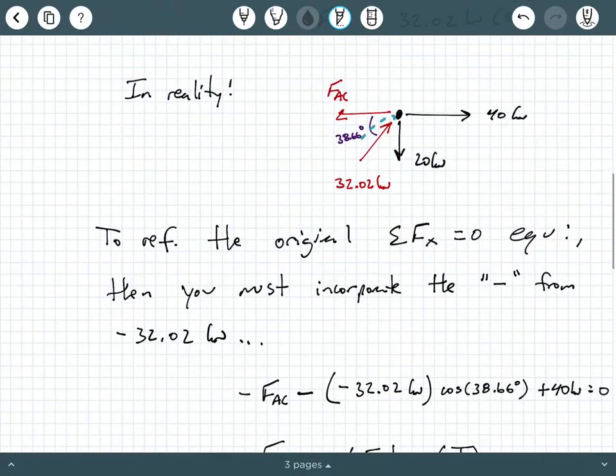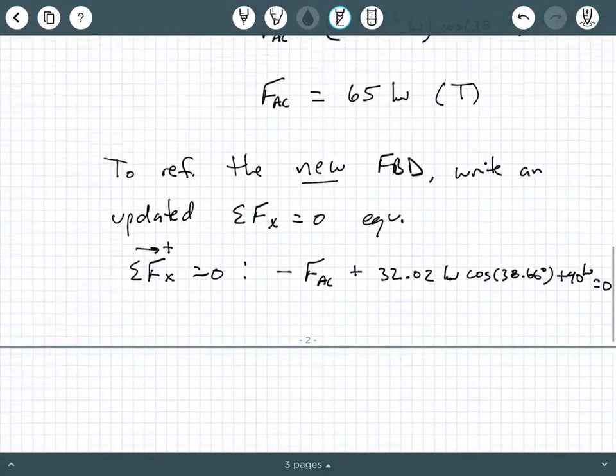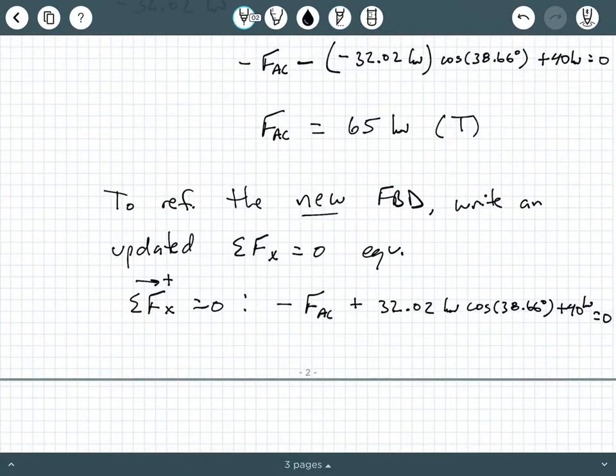Again, it's referencing the new free body diagram where 32.02 is pointing into quadrant 1. So no matter which free body diagram you look at, if you keep track of your signs properly, you should get the same answer. 65 kilonewtons in tension is FAC.